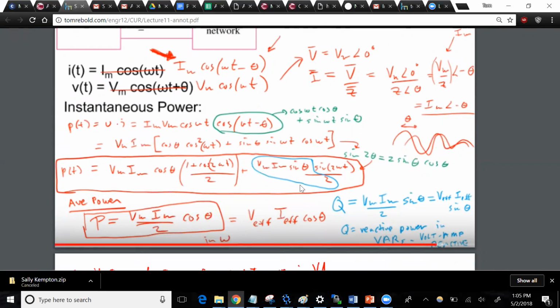And another interesting term which we pull out is the reactive power, which is coming in on the sine omega t component. It is Vm Im sine of theta over 2. We call this the reactive power, which is indicative of the energy that's temporarily being stored by the capacitor or inductor and then released back into the circuit.